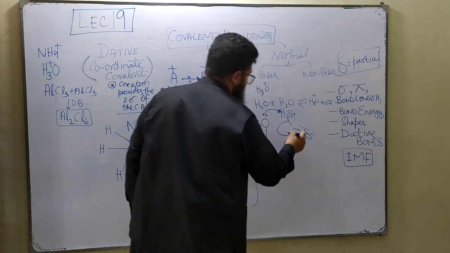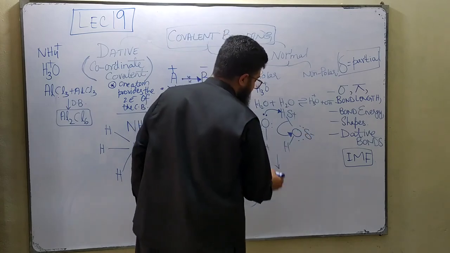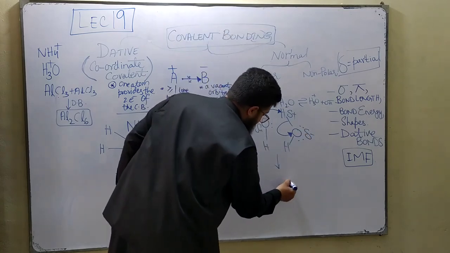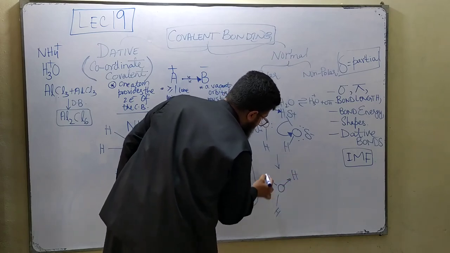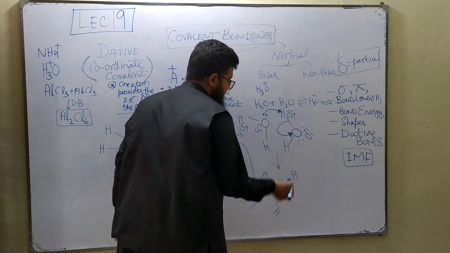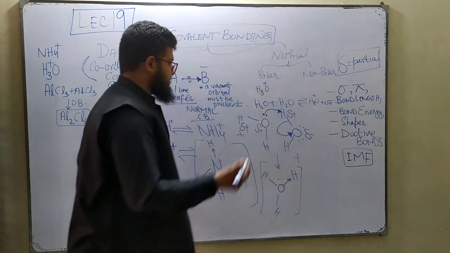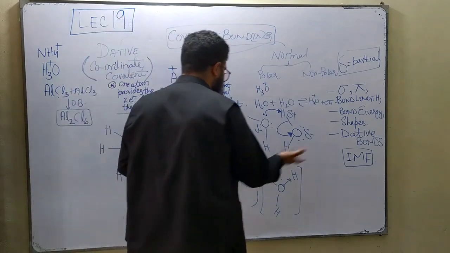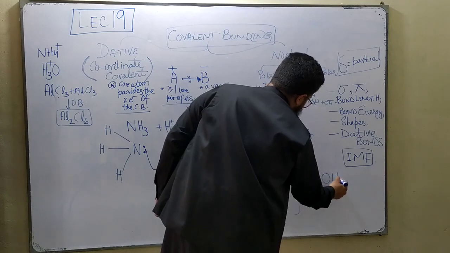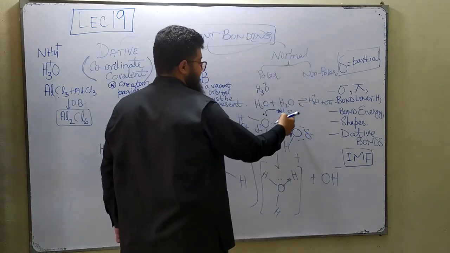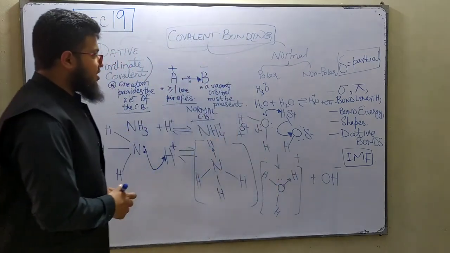The reason why both of them will be transferred is because oxygen is more electronegative than the hydrogen, and as a result you will get a third species, which is hydronium, in which there is a dative bond and 2 hydrogens that it already had, and 1 lone pair which is left, and the whole thing will get a positive charge, and along with this you will get an OH negative ion, because the OH had accepted the 2 electrons, so it will get a negative charge. This is how hydronium is made.